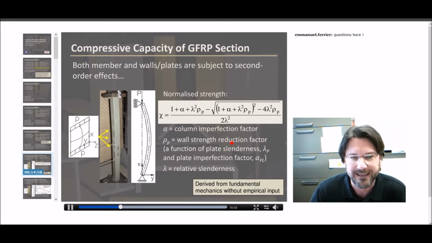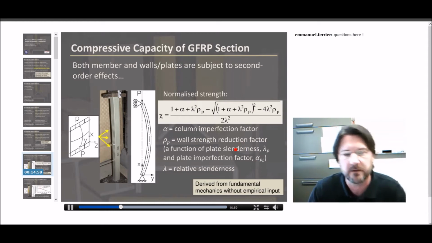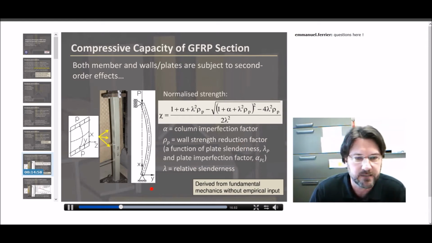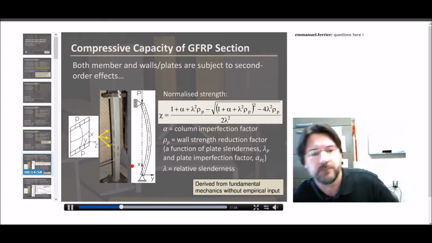This is a function of the slenderness of that plate and the imperfections of that plate. So we've got a lot of factors to address, and that's what we're going to look at in the first part of this presentation: an experimental program aimed at nailing down these values and categorizing GFRP sections in compression.